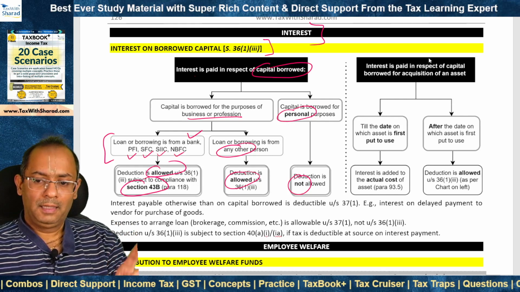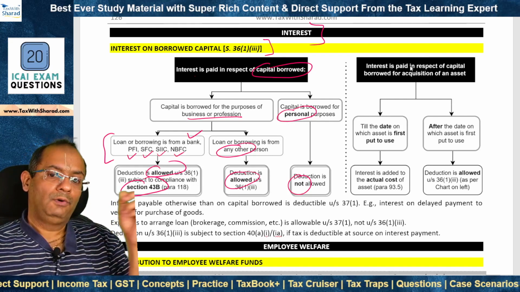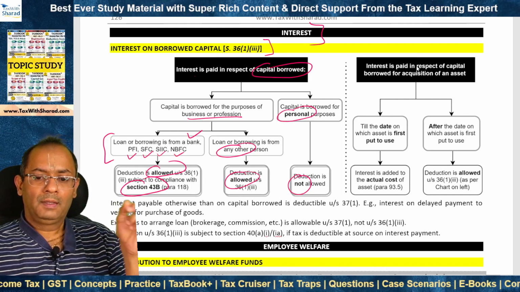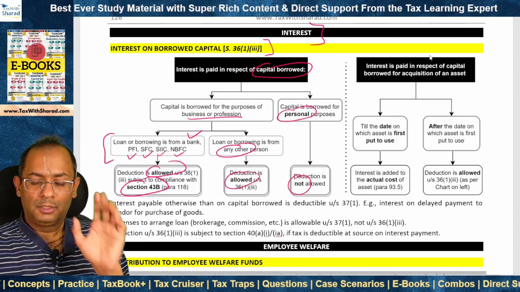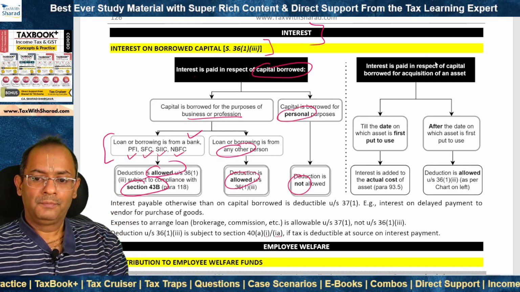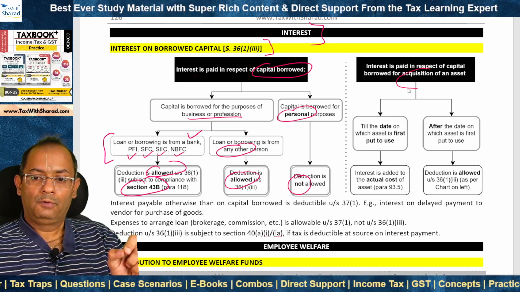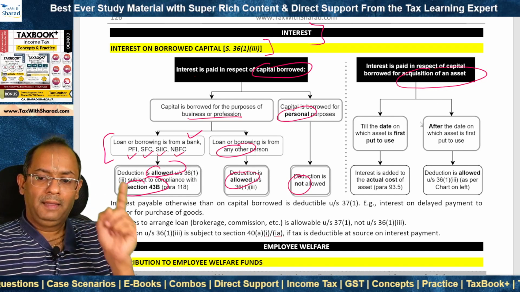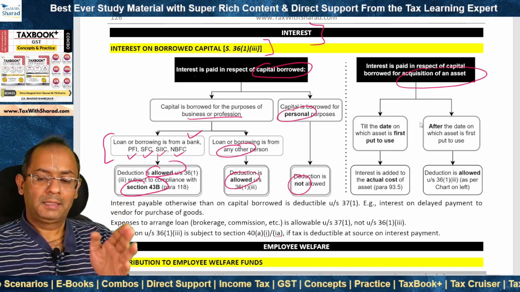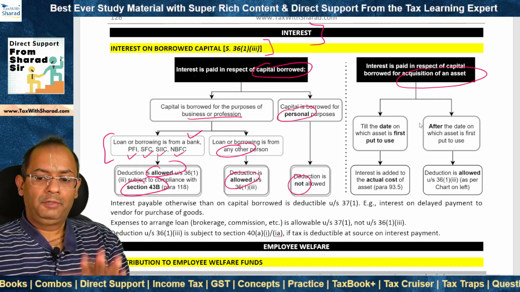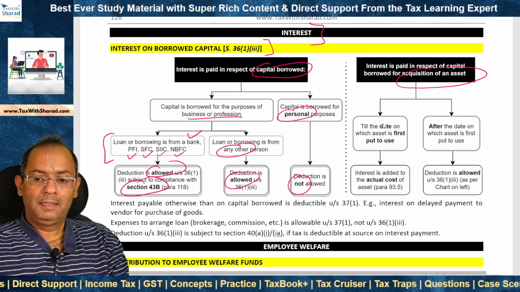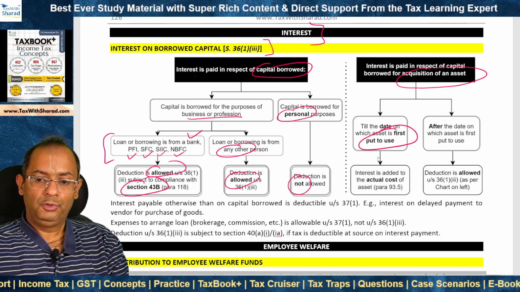There is another angle to it, and this is what we have already discussed when seeing the computation of actual cost for the purposes of depreciation. So this covers a case where interest is paid in respect of capital borrowed for what? For acquisition of an asset. In that case, we need to bifurcate the interest before and after a particular date. And that date is the date on which the asset is first put to use.